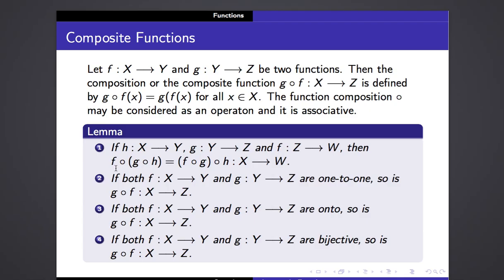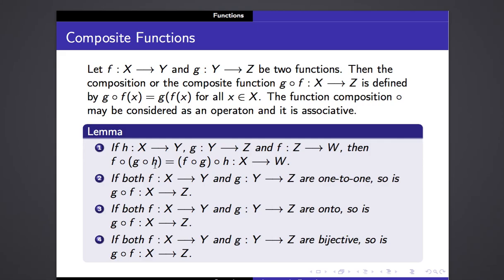Just like number operations, this associative law tells us what we mean by composition. By the definition of a composite function, we perfectly understand what f followed by g means.